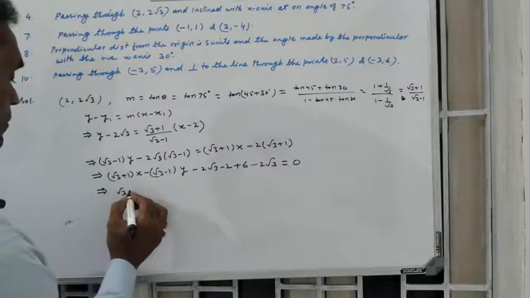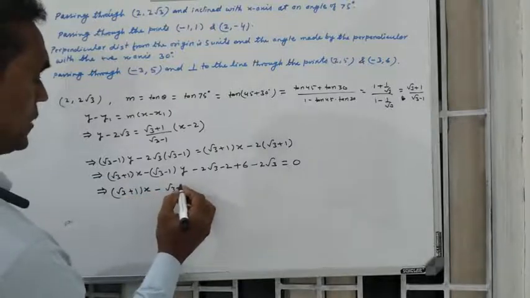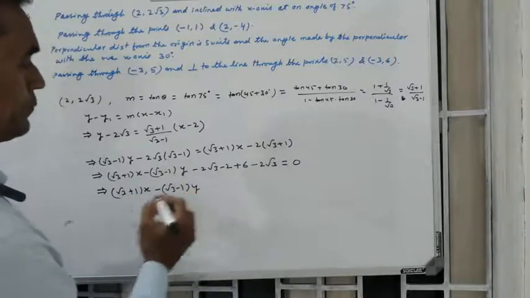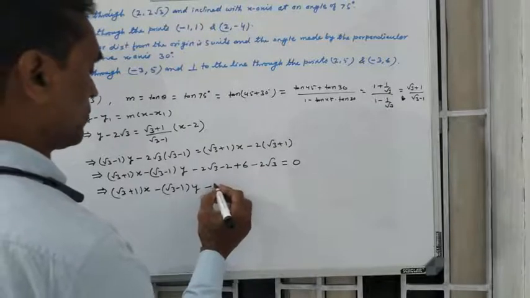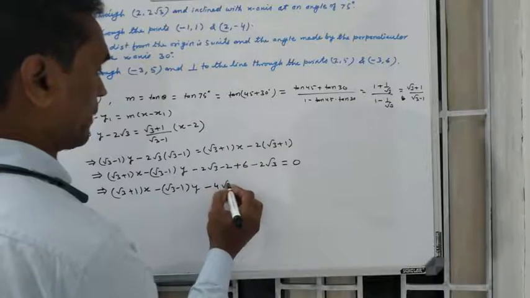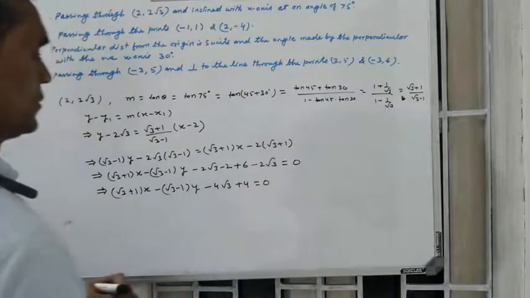So (root 3 plus 1)x minus (root 3 minus 1)y, and this is minus 4 root 3 minus 4 root 3 and plus 4 is equal to 0.